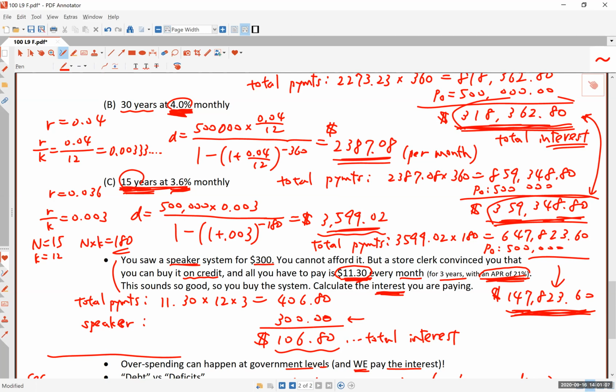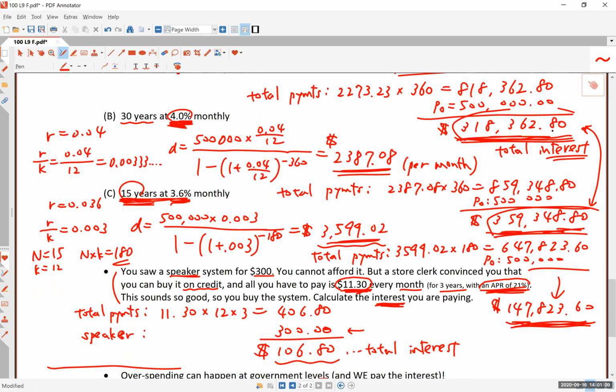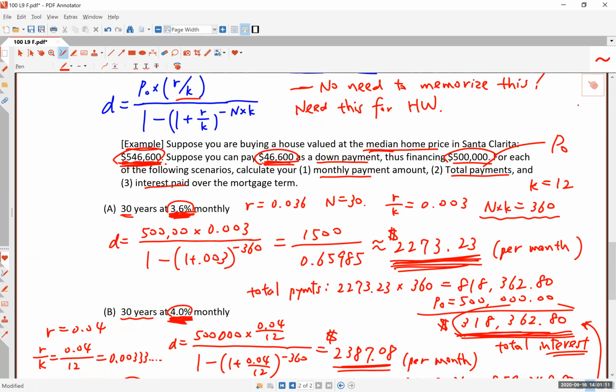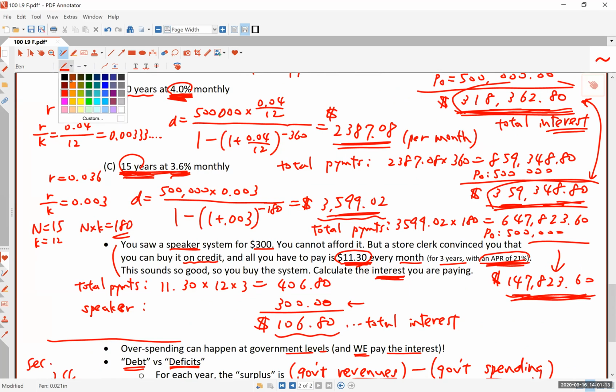So keep this in mind. You don't have to memorize the complicated formulas, but given a question like this, if you are given an amount of monthly payments and how much you're borrowing, you should be able to calculate the total interest paid over the term.